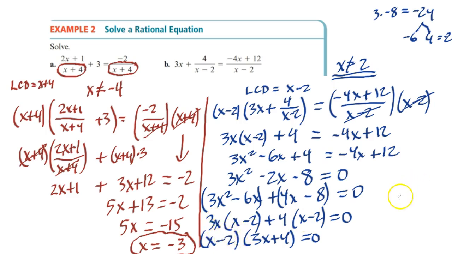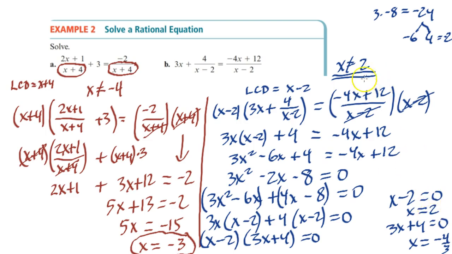We have x minus 2 is equal to 0 from the first set. And then we also have 3x plus 4 is equal to 0. And so from this first expression equal to 0, we have x equals 2. And then from the second set, we'll notice we'll have x equals negative 4/3.